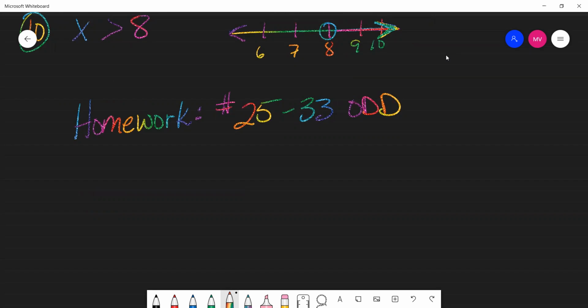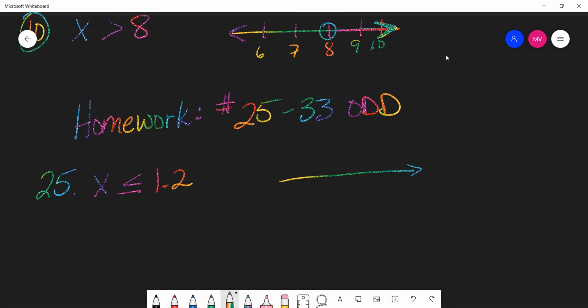All right, so on number 25, we are right in the middle of graphing inequalities that they've given us. On a separate number line, so each one's on their own number line. 25 is x is less than or equal to 1.2.